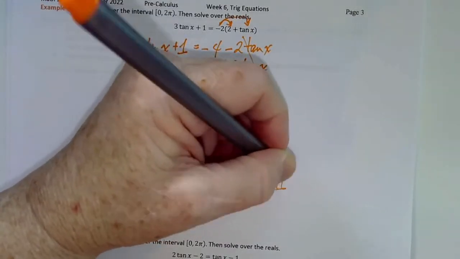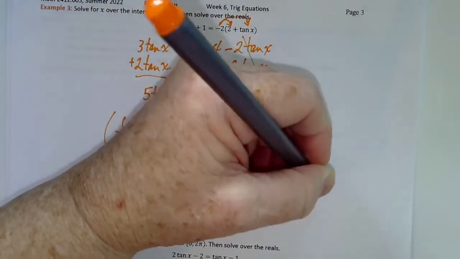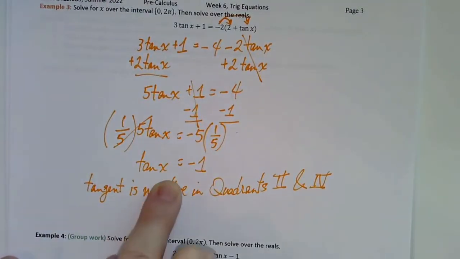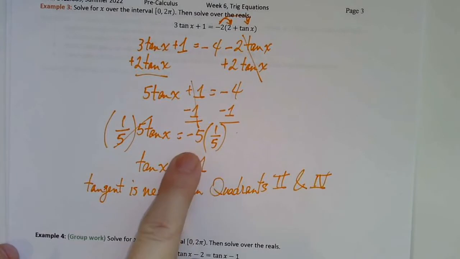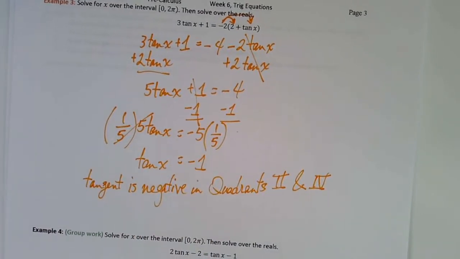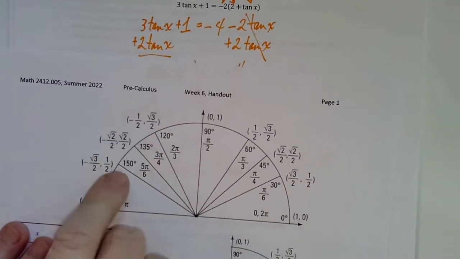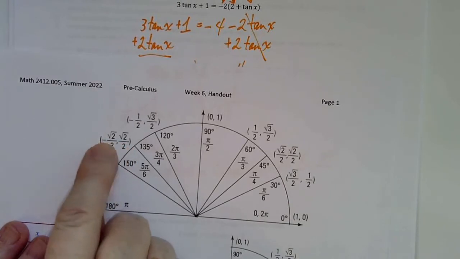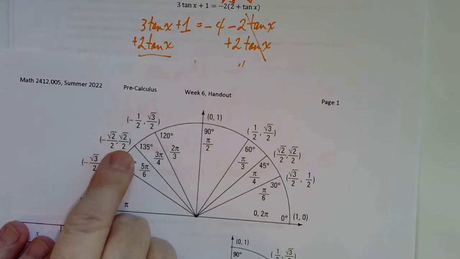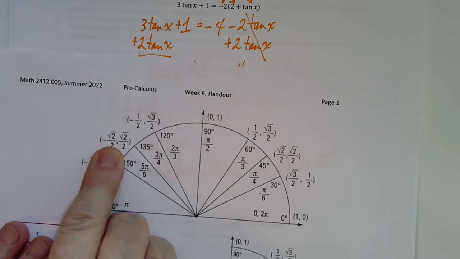Quadrants 2 and 4. So I need to look in quadrant 2 first and see where tangent is negative 1. I know that tangent is sine over cosine, and as long as the sine and the cosine have the same value but opposite signs, I'm going to get a tangent of negative 1.